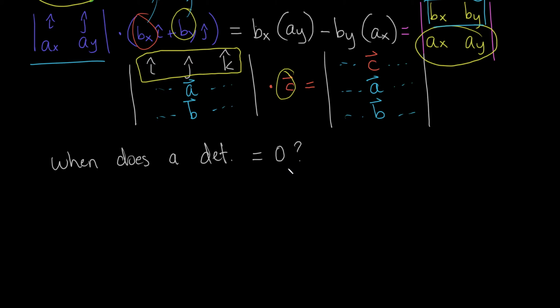When does that happen? Well, there are many ways we could go about thinking about this problem, and one of them is with the geometric intuition behind a determinant, which is inherently about area. So if we think about the determinant of a vector a and a vector b, and again I'm writing them in this way, you can imagine that there's the x's and the y's.